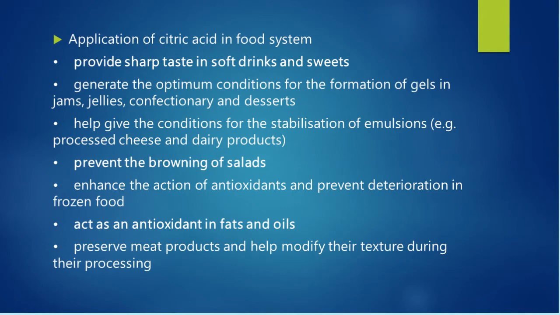Here's how citric acid can be used in food systems, and the main applications among them are: citric acid can provide sharp taste in soft drinks and sweets. It can prevent browning of sours, and it can act as an antioxidant in fats and oils.